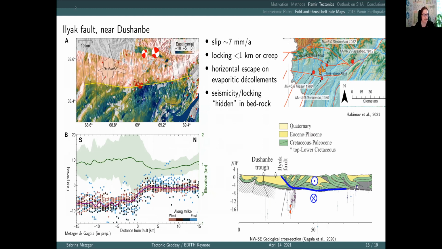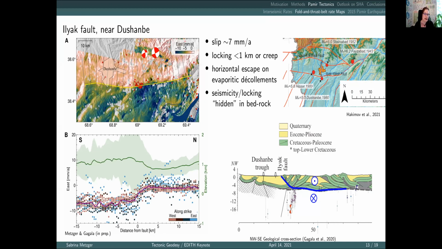What we see here when we look at fault perpendicular profiles across the fault strike, we see that the InSAR east component changes drastically within the first 2 to 4 kilometers, or in a corridor of 2 to 4 kilometers next to the fault. And from that, we can already conclude that the locking depth must be really shallow. And probably it's even creeping. I cannot confirm that, but I suspect it's creeping.